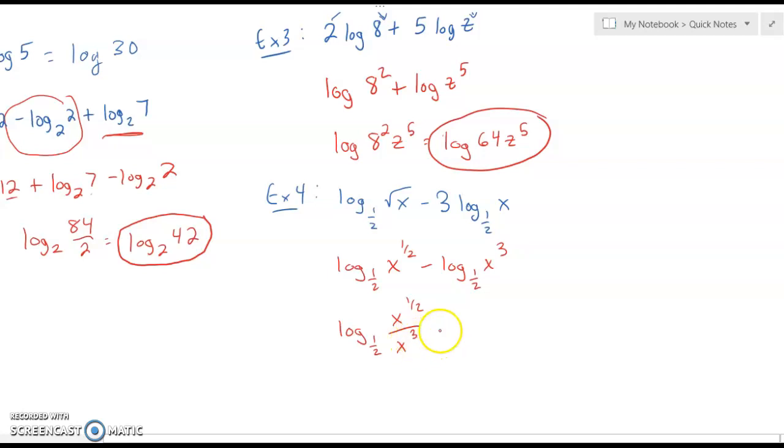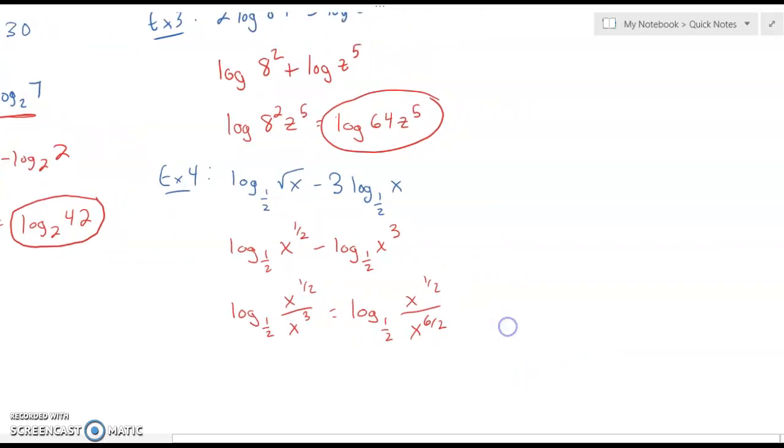I'm going to find a common denominator, which would turn that 3 into 6 over 2. And my rule with exponents is if I'm dividing those two things, I can subtract my exponents. So I'm going to have log base 1/2 of x to the, 1/2 minus 6/2 is negative 5 over 2. Now if I want to get crazy with this, I can take that negative 5/2 and bring it back out. But because we're condensing it, I actually don't want to do that.